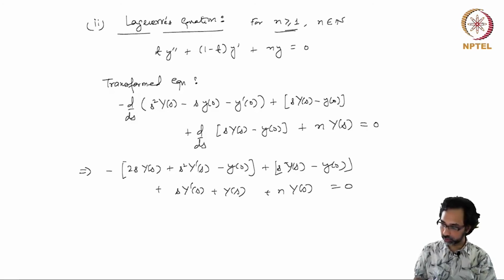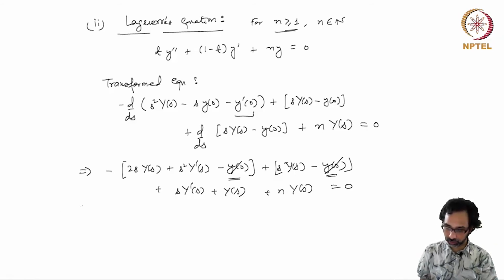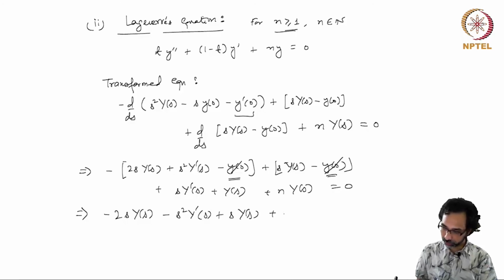This is equal to 0. Now notice that y prime(0) vanishes from this equation because it's under the derivative and it's a constant. Now y(0) will also cancel out. So in the end you will get minus 2sY(s) minus s square Y prime(s) plus sY(s) plus sY prime(s) plus (n plus 1) times Y(s). This is equal to 0.